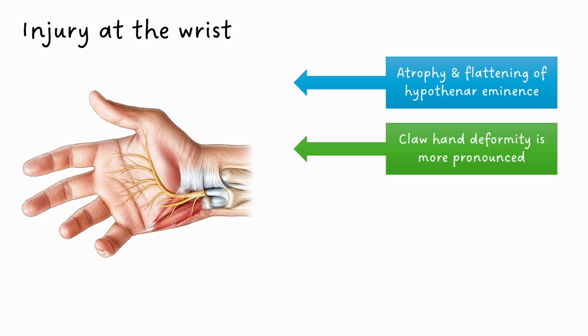So that is why it is spared, and therefore there is marked flexion of the distal interphalangeal joints only. This is called the ulnar paradox.